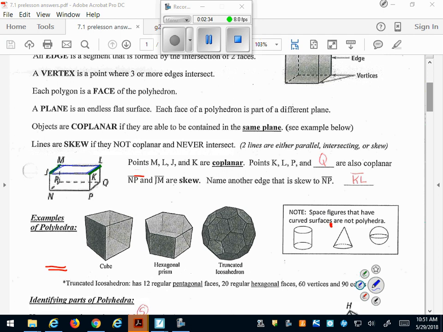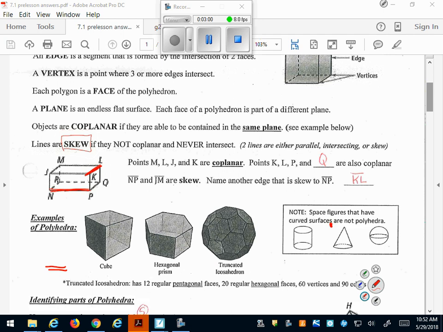But what about this face, this edge and this edge? Can they be contained in the same plane? Could I get one flat surface to contain both of those? No. So those are considered, this word, skew.